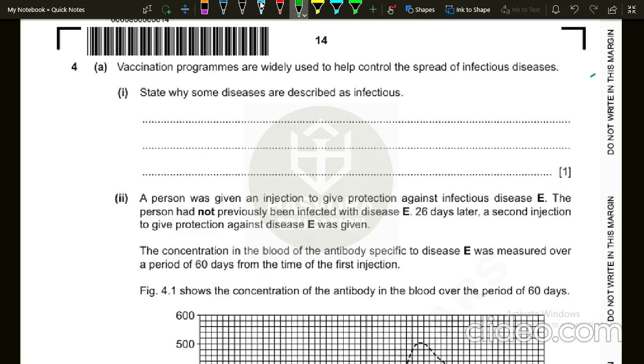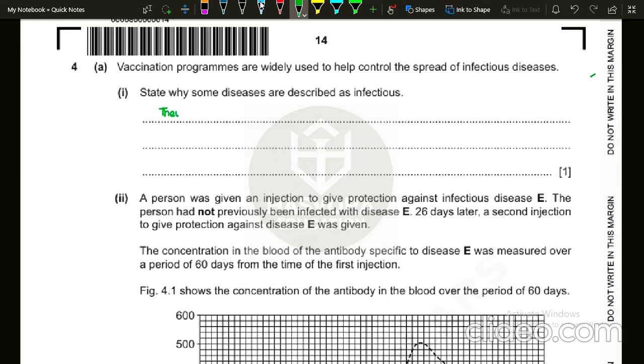Question number 4 says, vaccination programs are widely used to help control the spread of infectious diseases. State why some diseases are described as infectious. So we have to write the definition of what infectious actually means.